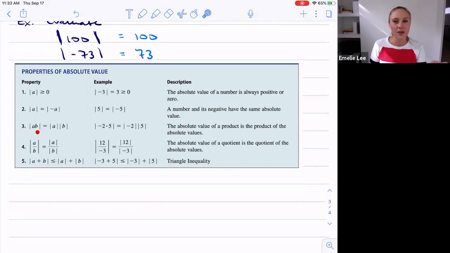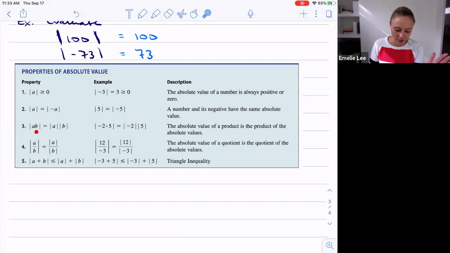What's fun about the absolute value is if you're multiplying, you're allowed to split up the absolute value symbol. If you've got A times B and then the absolute value of that, it will be equivalent to the absolute value of A times the absolute value of B. Whereas later on, we'll see down here, if you're adding or subtracting, it'll behave differently.